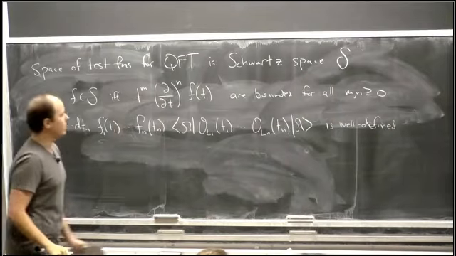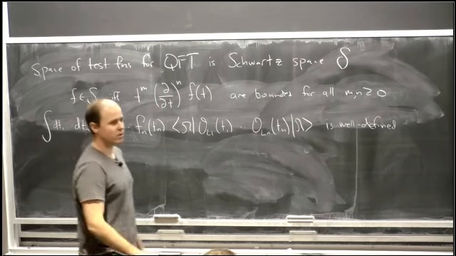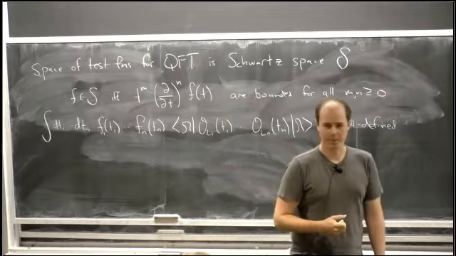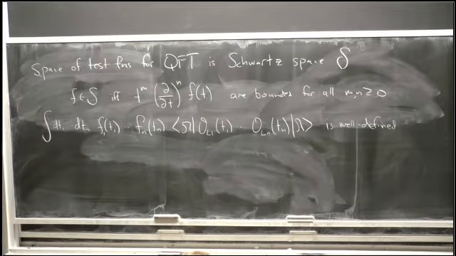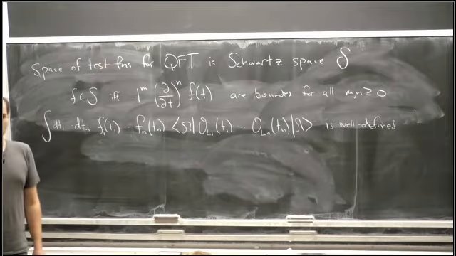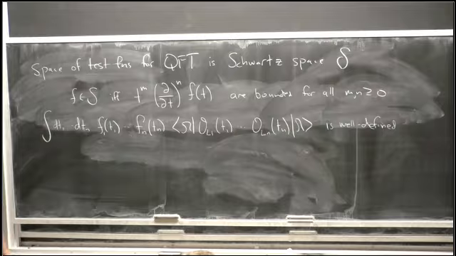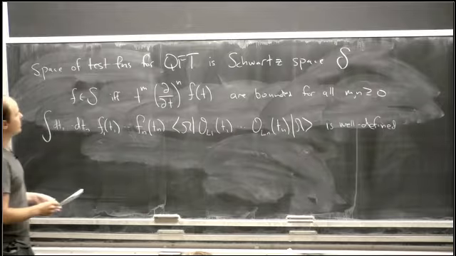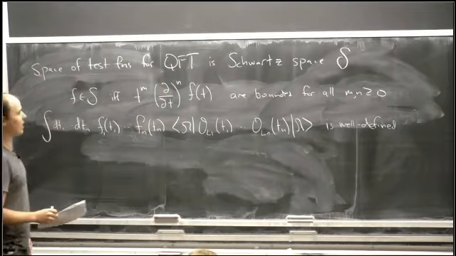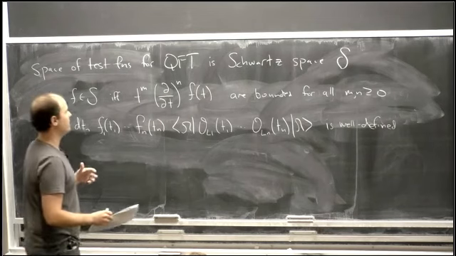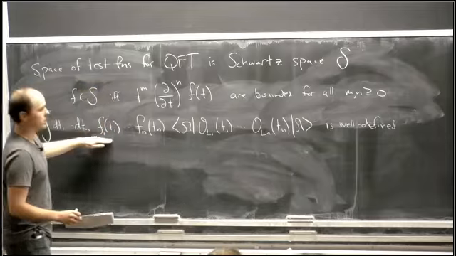So if the test functions have to be really nice, that means the correlators can be really nasty. Exactly. The nastier the correlators, the nicer you need the test functions to be. Any questions? Okay, so the central claim is that the correlation functions in a Lorentzian QFT are pretty nasty, but they're nice enough that you can smooth out all the oscillations and get a finite result if you integrate against Schwartz test functions.